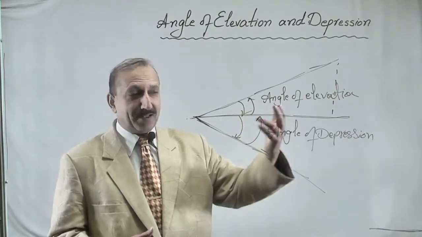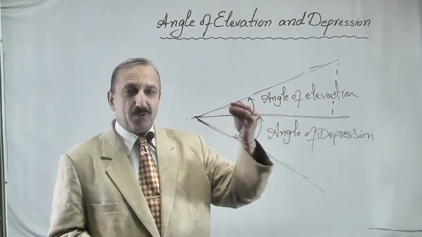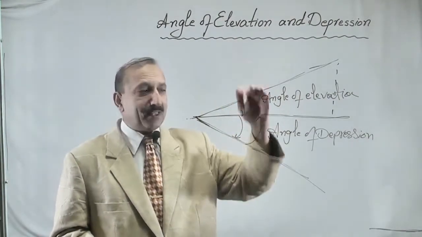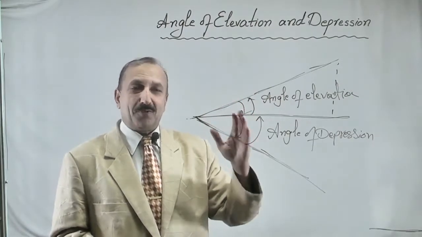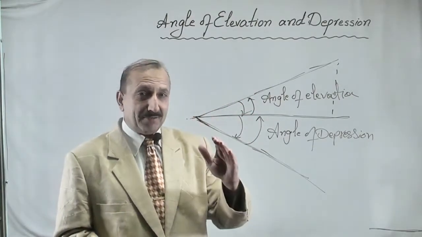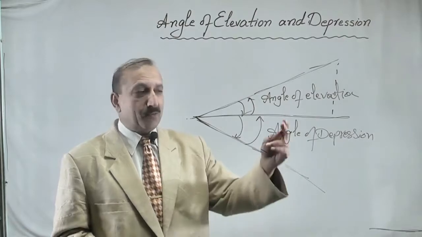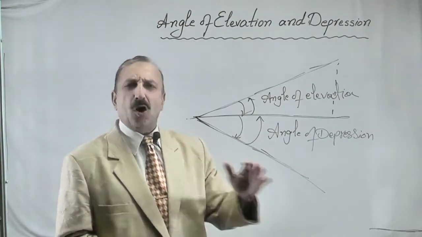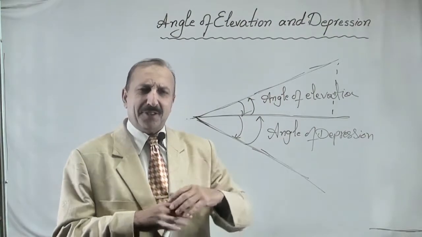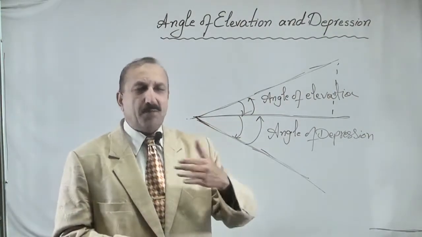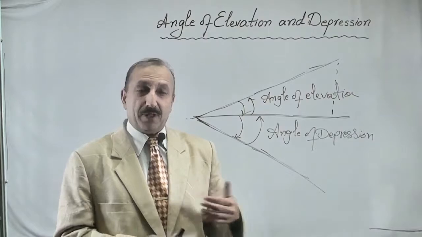If the line we are talking about is above this horizontal level, it will always make an angle of elevation. If the line that is going to make the angle is below this horizontal line, it will always make an angle of depression. In any situation, the word problem might be elaborated differently.